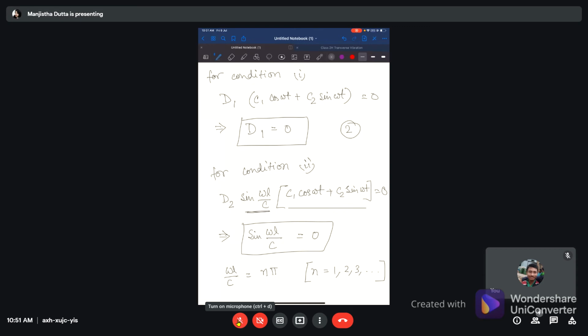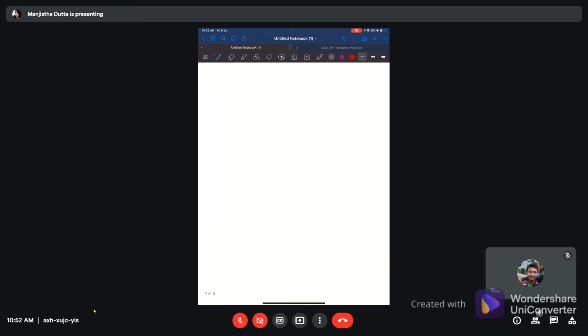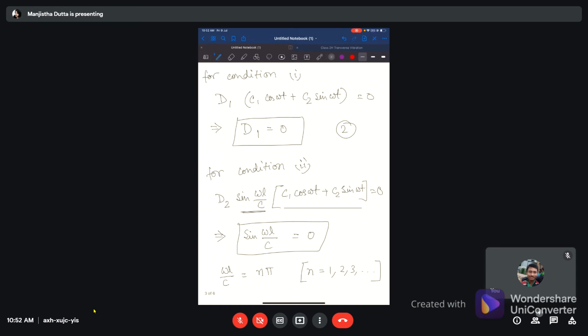So moving on, now you can see that the frequency depends on integer values, 1, 2, 3. So this frequency has some discrete value, or it is quantized. So for the nth mode of frequency, we will write this angular frequency as omega suffix n, and we will write it as n pi c by L, which I have just solved.